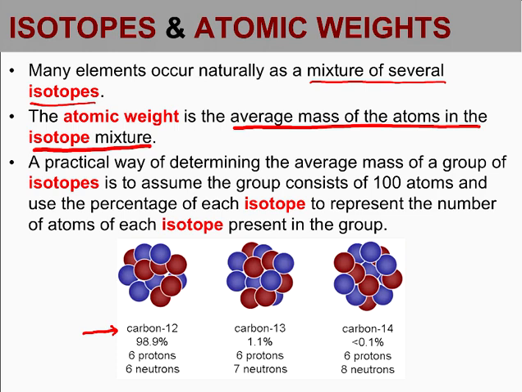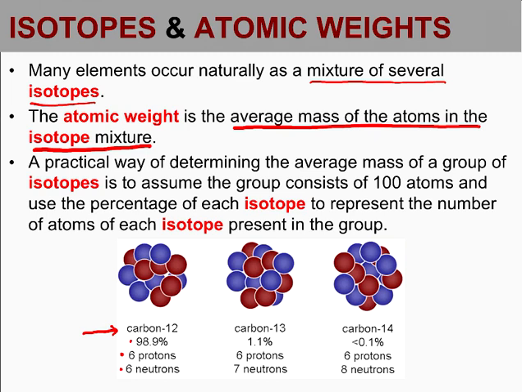So down below, we can see that carbon 12 has 6 protons and 6 neutrons, and that it is naturally abundant and has a relative abundance of 98.9%. So 98.9% of all carbon atoms have 6 protons and 6 neutrons.